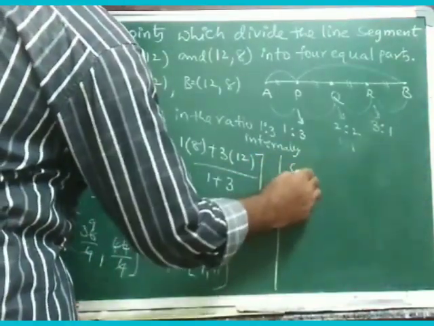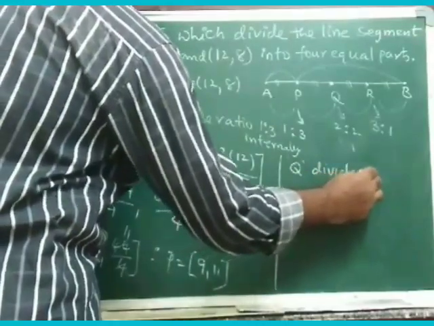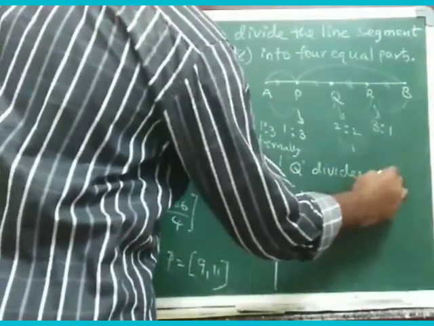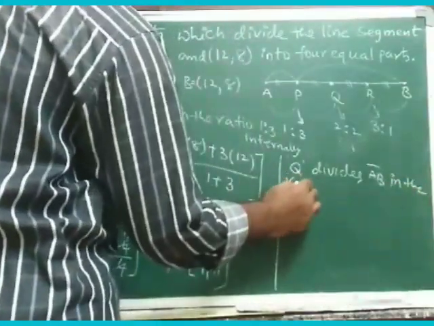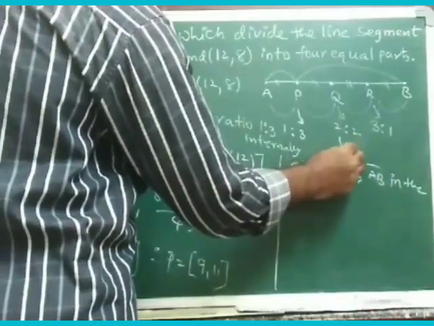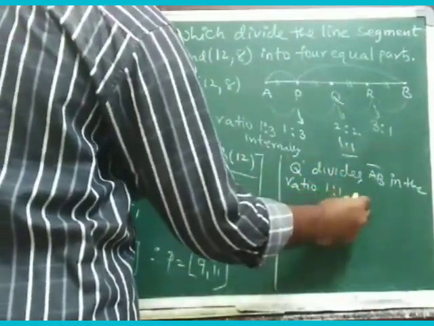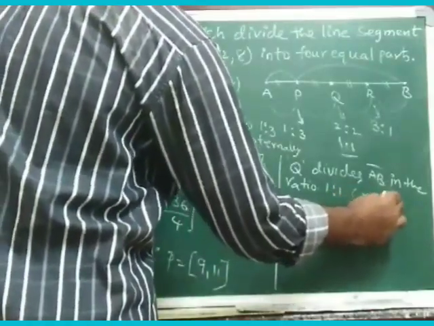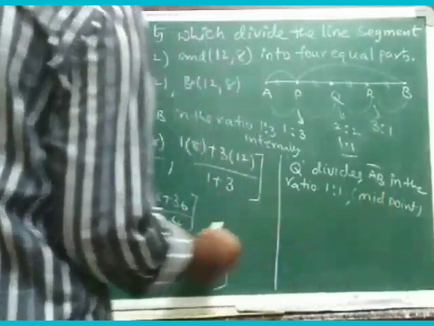Now coming to Q, Q divides AB bar in the ratio actually 2:2, but after simplification this is 1:1. So whenever it is 1:1, it is the midpoint. Do you know the formula for midpoint?